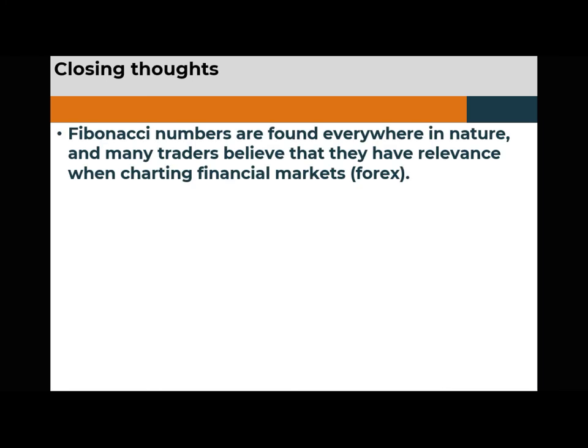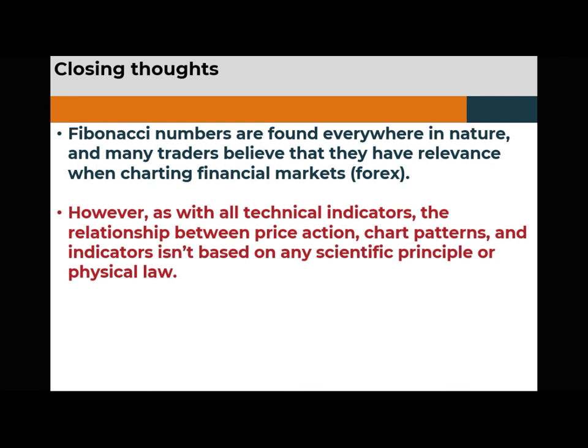Just in summary, some closing thoughts. So Fibonacci numbers are found everywhere in nature, and many traders believe that they are relevant when charting financial markets and specifically Forex. However, as with all technical indicators, the relationship between price action, chart patterns, and indicators isn't based on any scientific principle or physical law.